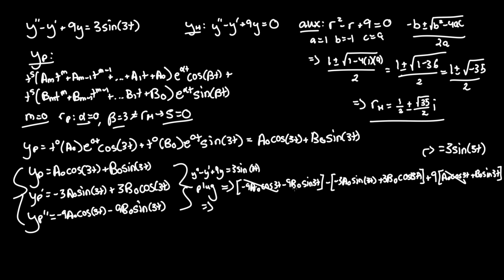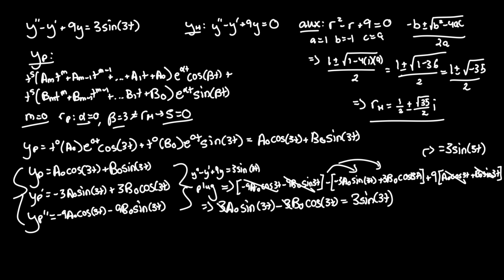Likewise, negative 9 b sub 0 sine 3t plus 9 distributed times b sub 0 sine 3t, those two cancel out, which leaves us with a much better positive 3 a sub 0 sine of 3t minus, don't forget, this goes to both, 3 b sub 0 cosine of 3t equals 3 sine of 3t. You can drop the 3's since they all have them, and we are left with this expression.